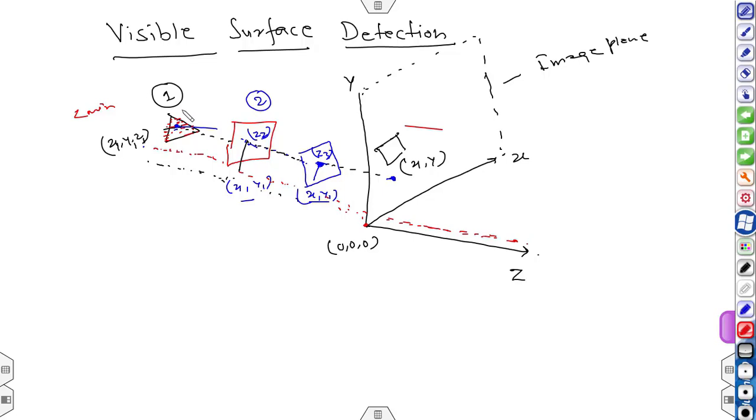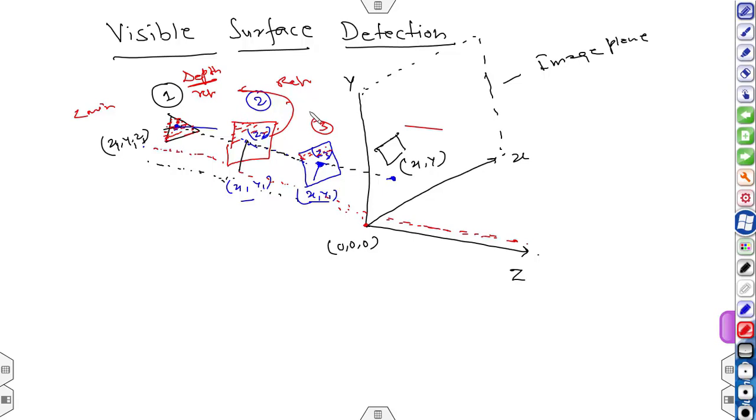Suppose we scan all the xy positions for polygon 1; we then have updated values of the depth buffer as well as the refresh buffer. When we perform the same operation on polygon 2 and scan every xy position, the depth buffer and refresh buffer are updated again. Next, when we apply this algorithm to object 3, the depth buffer and refresh buffer are updated again.